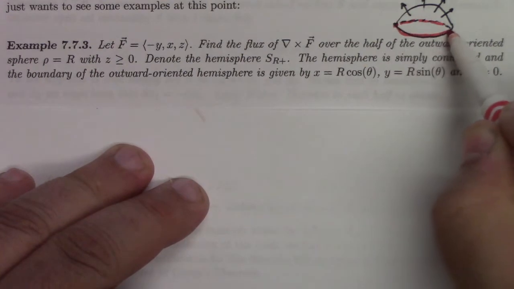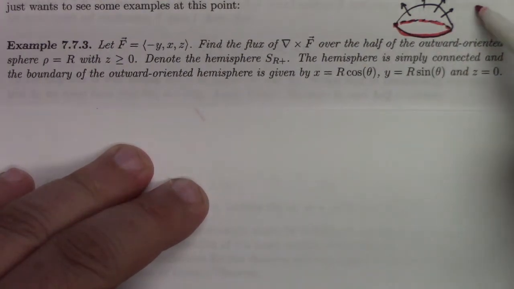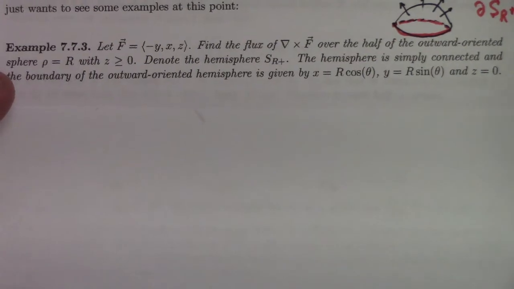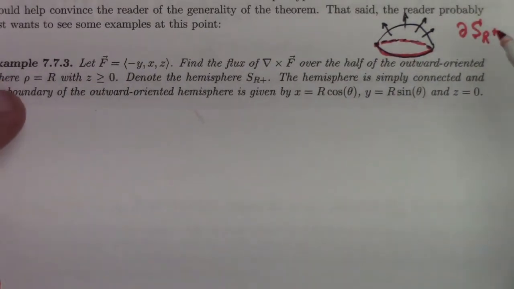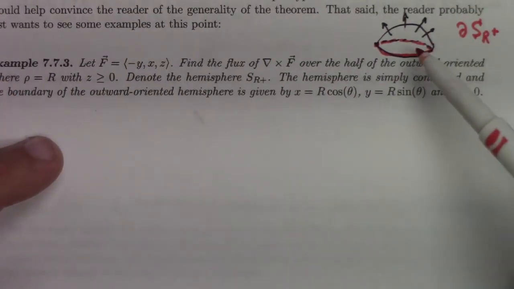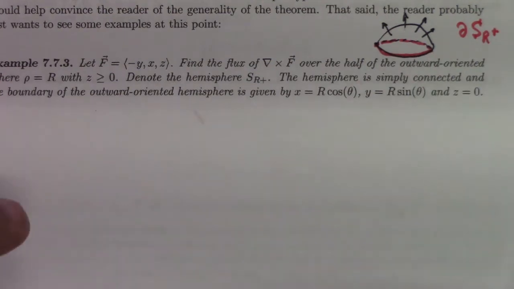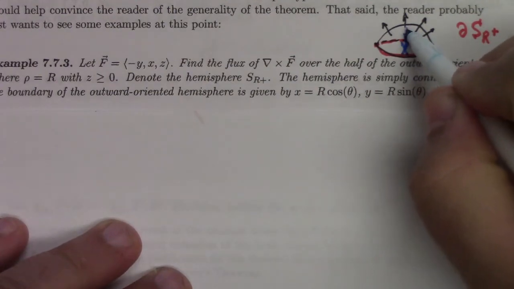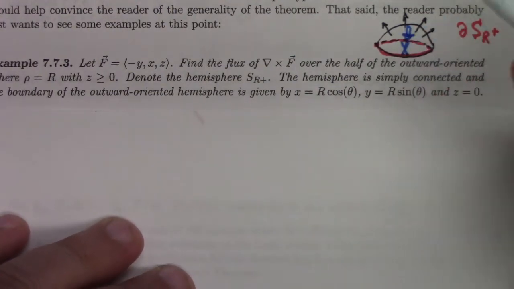And so the boundary of S_R plus, as I've called it, I've made red. And just to be clear, if you can imagine yourself walking around on top of the surface, right? Imagine yourself a little dude walking along the edge here. Put a top hat on, standard top hat.